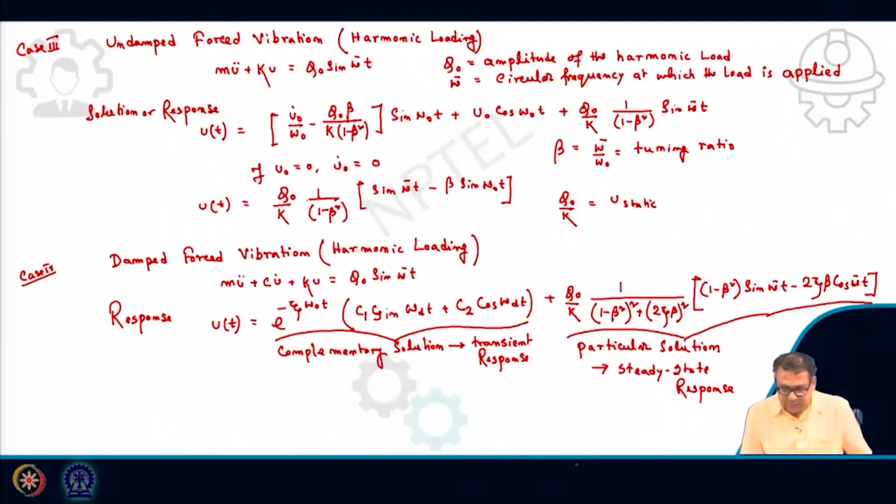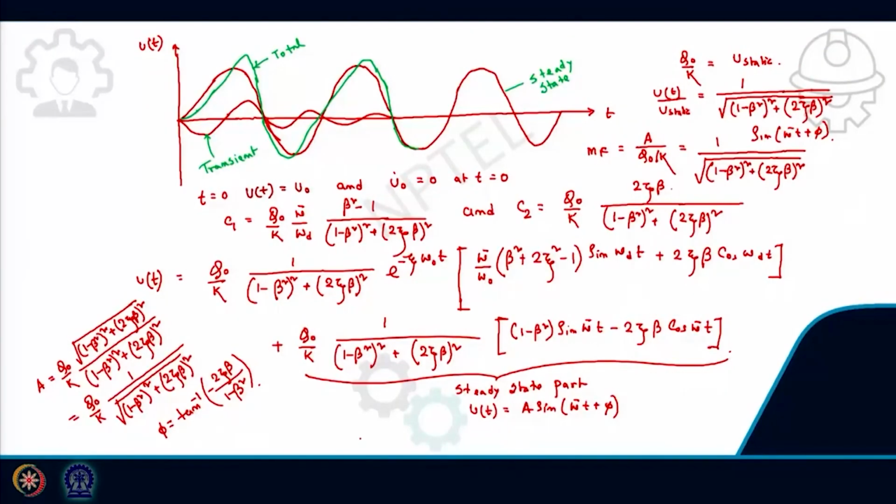In the previous case the magnification factor was 1 by 1 minus beta square. Here this one is the magnification factor.